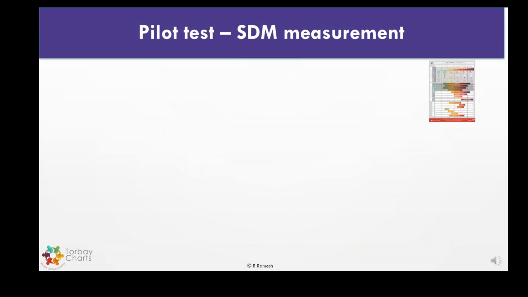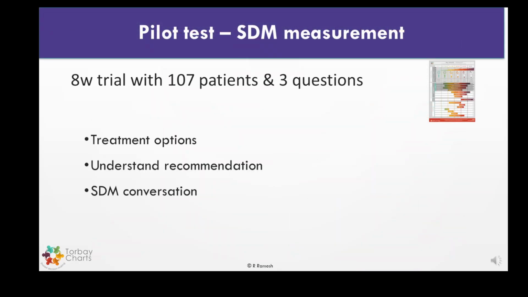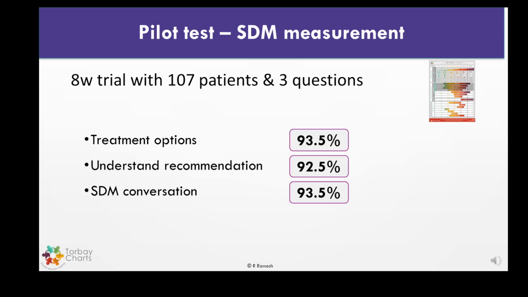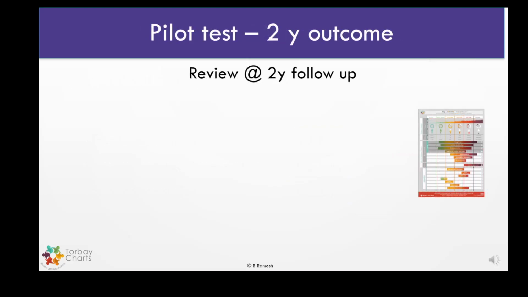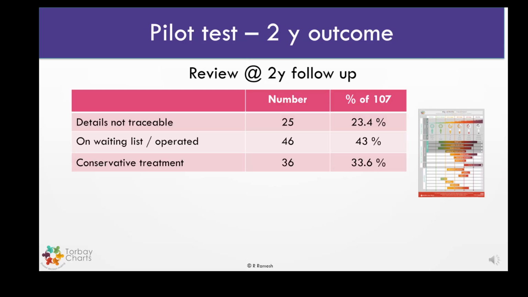We did a pilot with 107 patients more than 2 years ago in our trust, and over 90% of the patients said that they understood the treatment options available for them. They understood the recommendation and that it enhanced the shared decision-making conversation. At 2-year virtual follow-up, one third of the patients still continued with non-operative treatment methods.